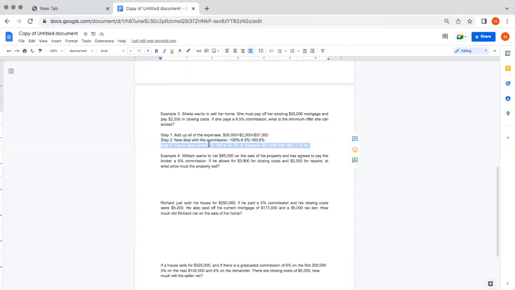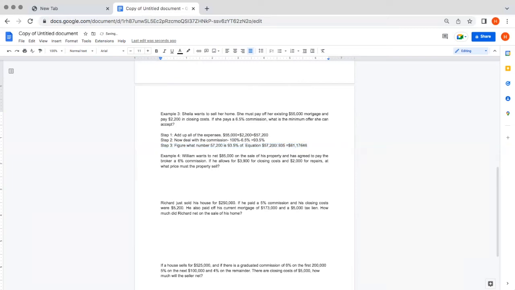And then the last step is to figure out what number 57,200 is 93.5% of. So the equation is 57,200 divided by 0.935, or you could put 93.5% in the calculator, and you'll get this number right here. Let me change that because I know that one was wrong.